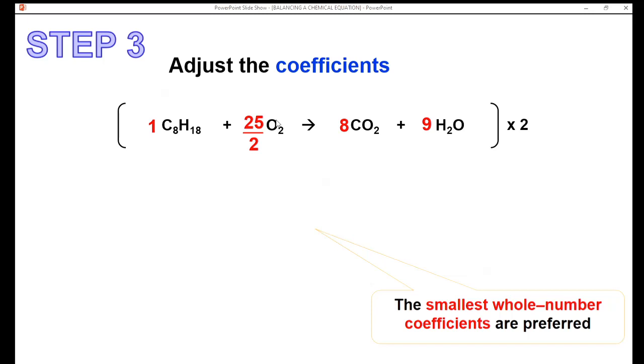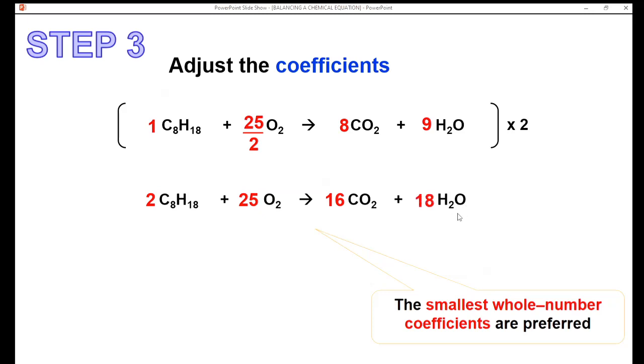So what we should do is multiply the whole equation by 2, because we want to convert this 25 over 2, this fraction here, into a whole number. What will happen to this equation: 1 times 2, we get 2; 25 over 2 times 2, we get 25; 8 times 2, we get 16; and 9 times 2, 18.